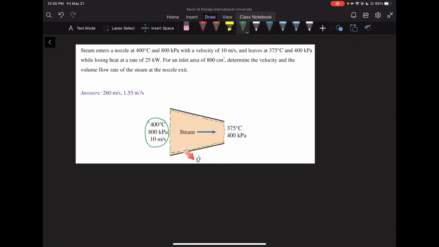And we know that the mass in the control volume is a constant, and we also know that the energy in the control volume is also a constant. Okay, so those are the things that we can say because we have a steady flow.